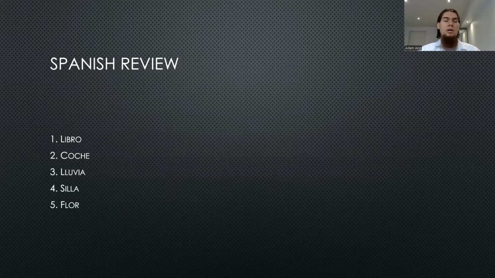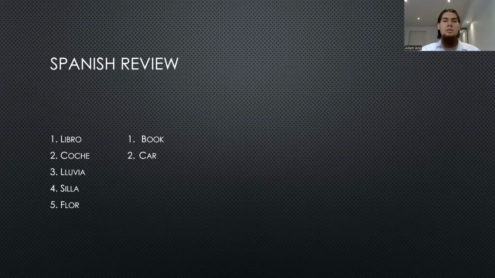And to review, number 1, libro means, we'll go to the mnemonic phrase, the libro is in the library. Libro means book. Number 2 is coche. The coach drives a coche. Coche means car. Number 3 is lluvia. The lluvia is falling on you via the clouds.